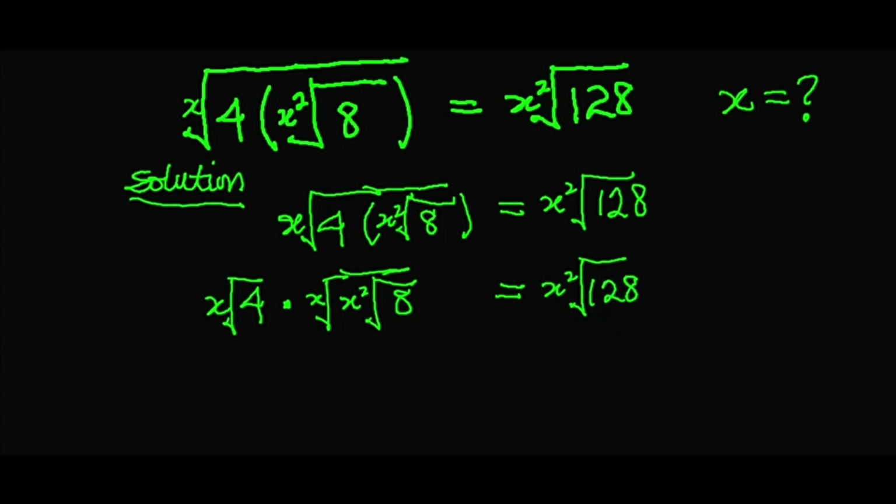So we have this identity: the n-th root of a gives us a raised to the power 1 over n. We apply that here.